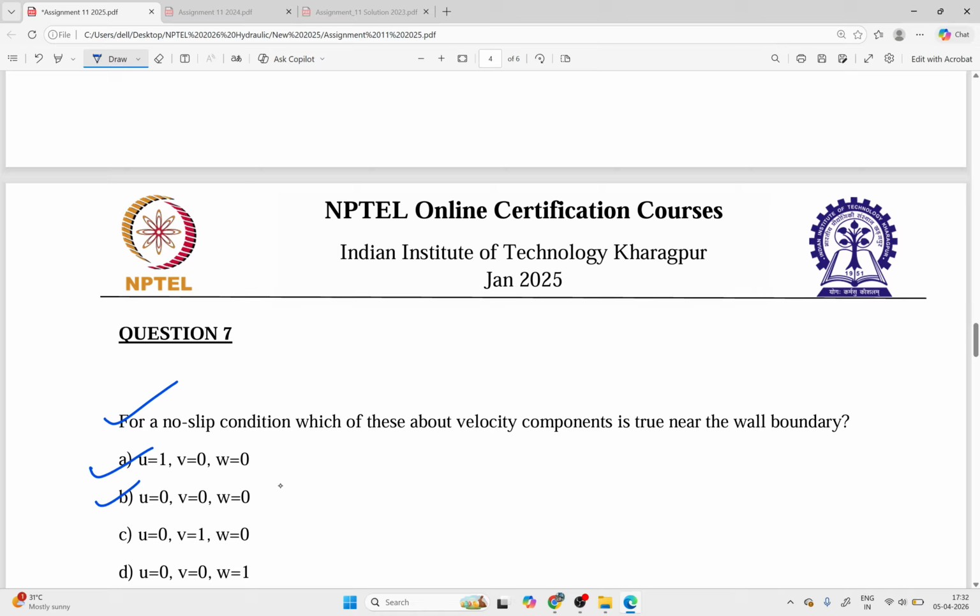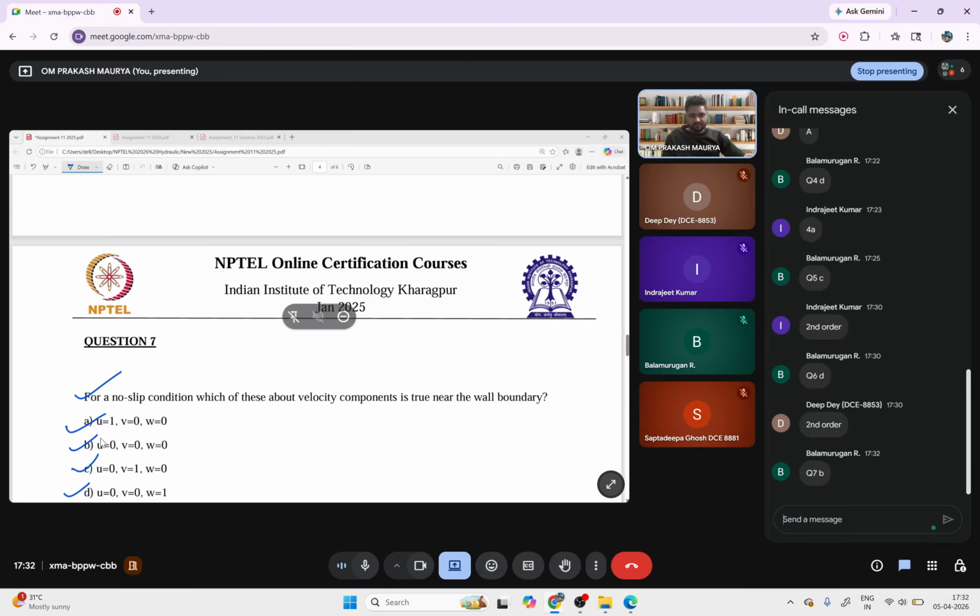B, all three components of the velocity are 0, u, v, w. Option C, u 0, v 1, w 0. Option D, u 0, v 0, w 1. So you have four options. Whether u will be 1, v will be 0 or w will be 0, just think and recall your concept.